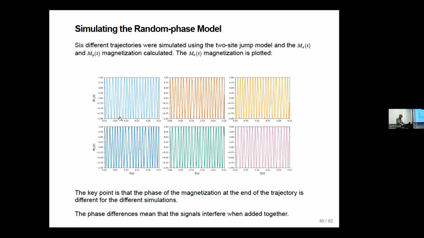And here then are the X components of the transverse magnetization. All the magnetization starts on the X-axis after the 90-degree pulse. But then the different sub-ensembles behave a little differently because they're stochastically jumping between A and B. So you can see they all start together. But if we compare, say, the blue finishes back up near +1.